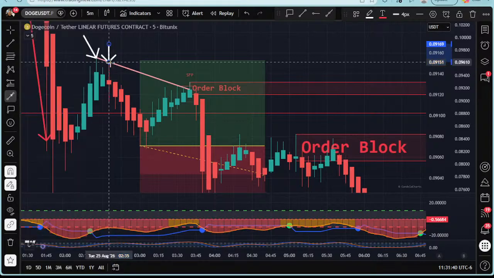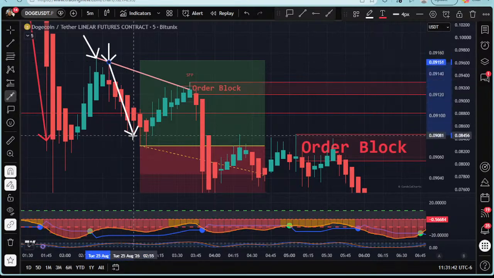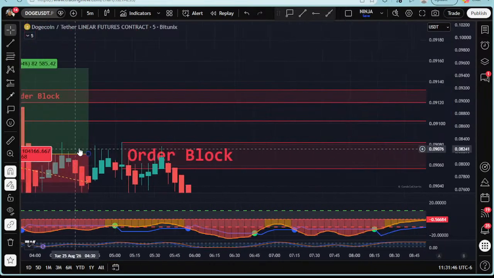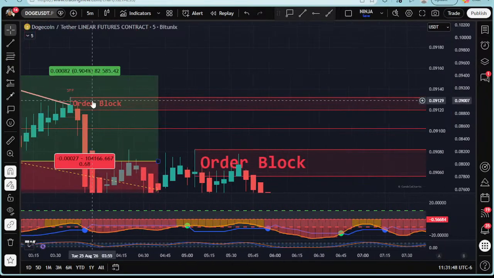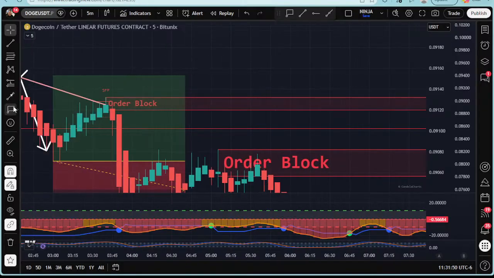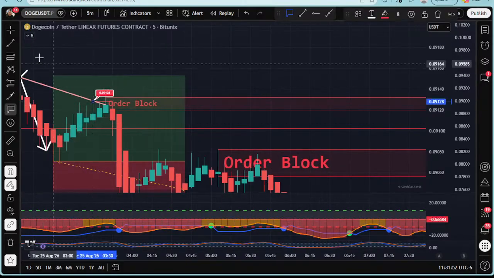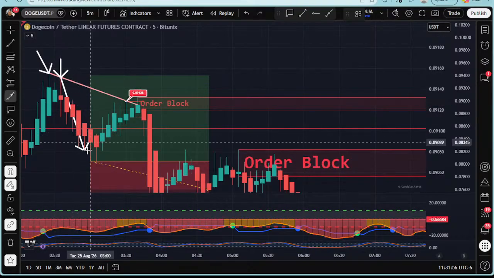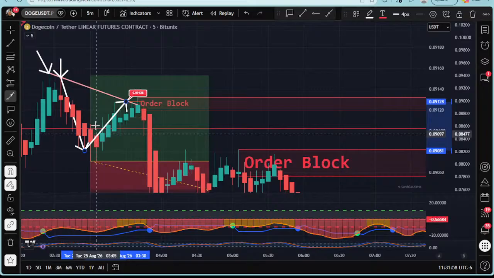Then we have the move to the downside. And then the process is that when it bounces, you target the trend line as the entry. You can see the pink trend line. It does hit the pink target.